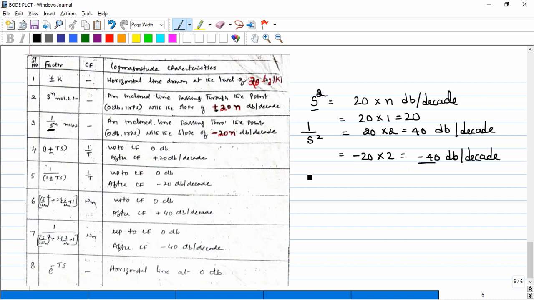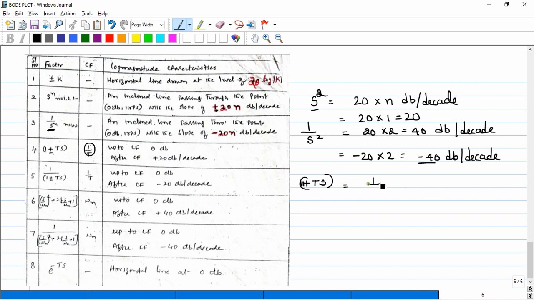Now, if I find the factor 1 plus ts, what will happen? Remember, if you want to get the corner frequency, here we have one more term.